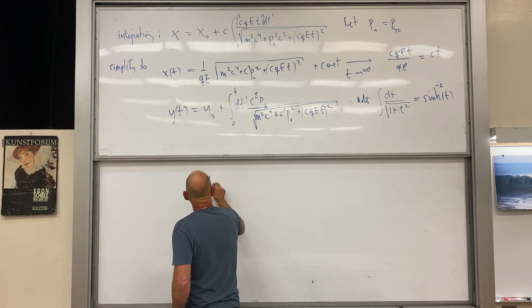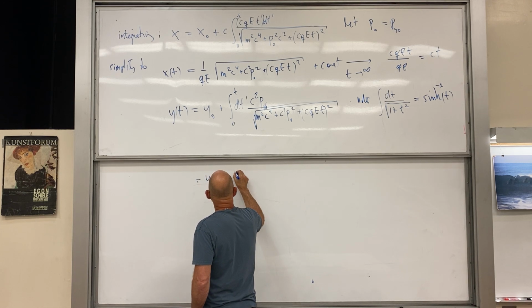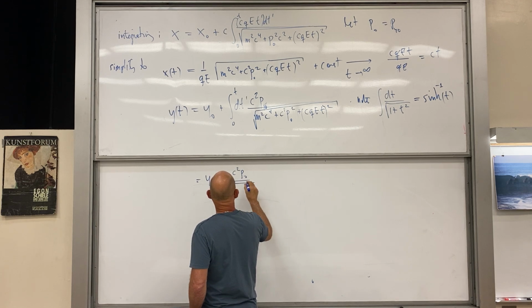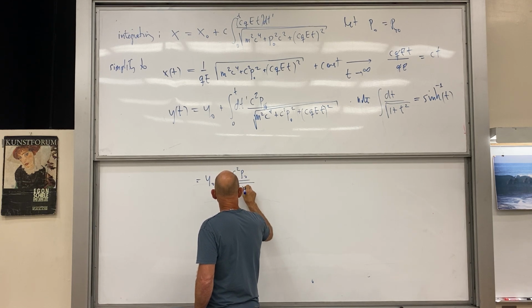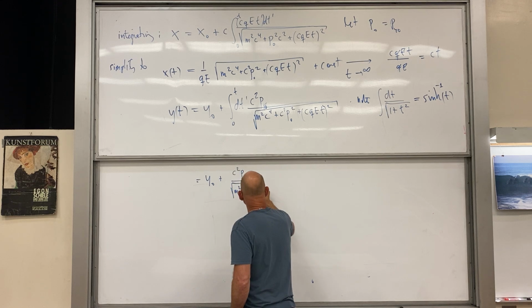So we would have y0 plus c squared p0. We'll pull out this root, m squared c to the fourth plus c squared p0 squared.